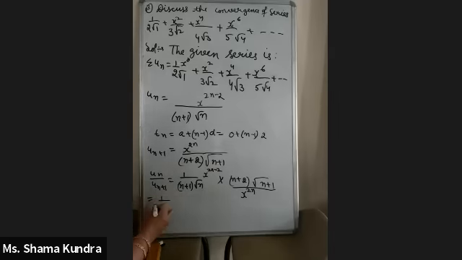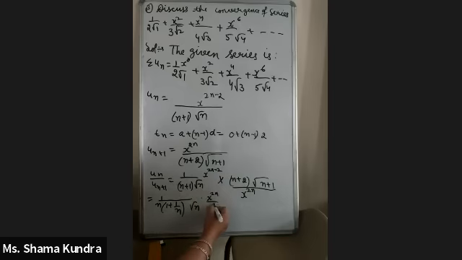Take n common. Splitting the parts, x raised to power 2 and minus 2 will become positive 2 in the denominator. Take n common.